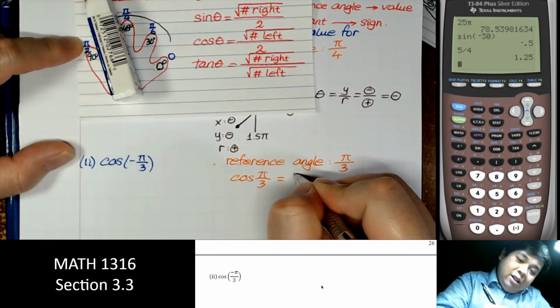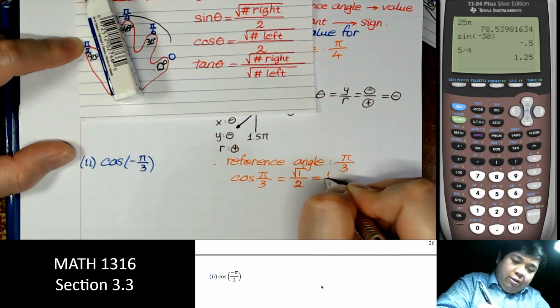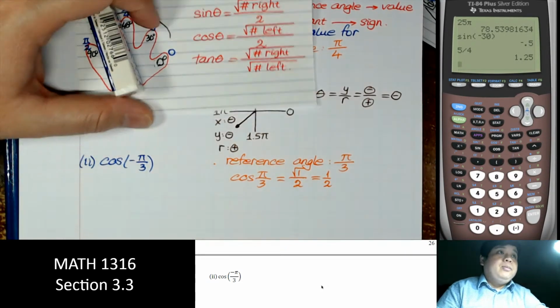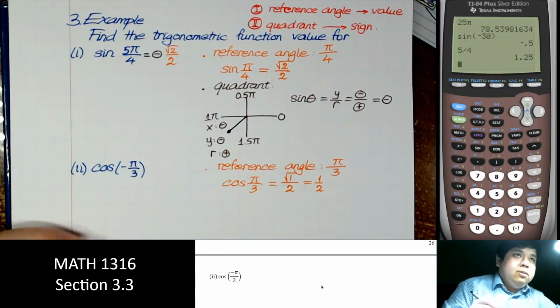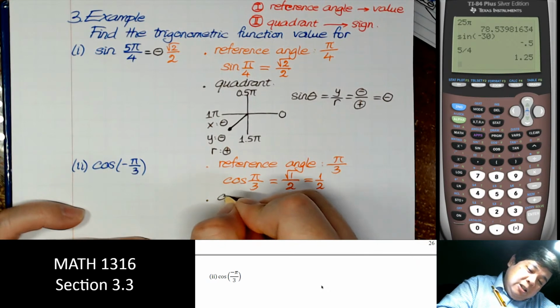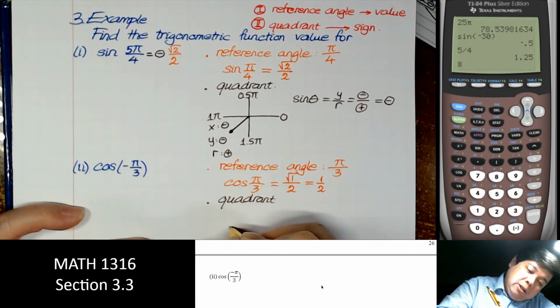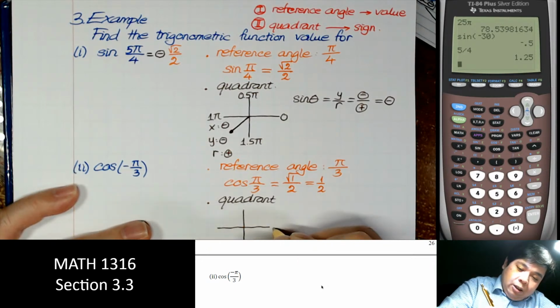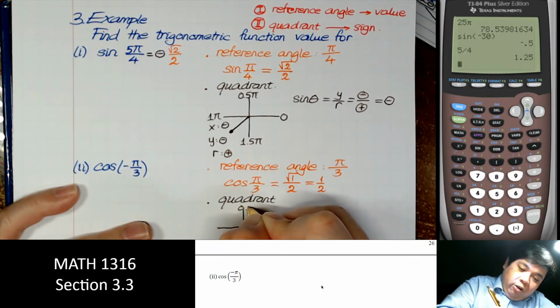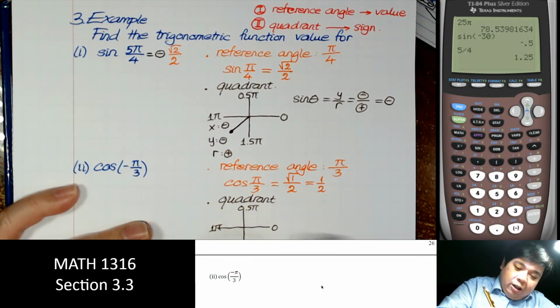Square root of that divided by 2, so it's 1/2. Now the quadrant. 0, 0.5 pi, 1 pi, 1.5 pi.